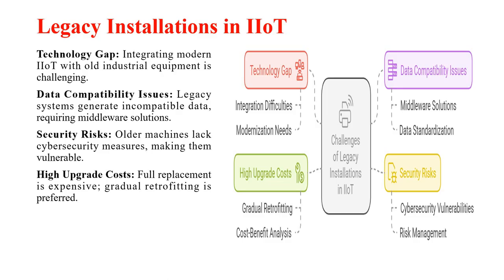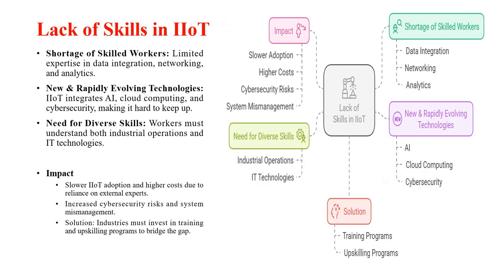And upgrading security without disrupting operations is a major challenge. Next, you have high upgrade cost, where replacing legacy equipment with industrial IoT compatible systems requires huge investments, and many industries prefer gradual upgrades through hybrid solutions. These are the legacy installation challenges in the industrial IoT.